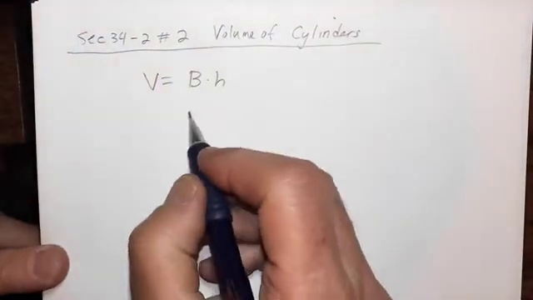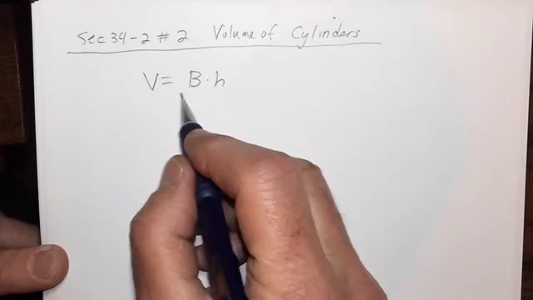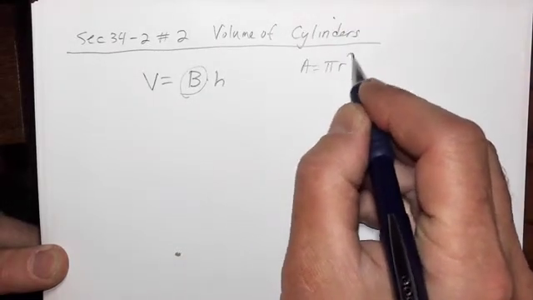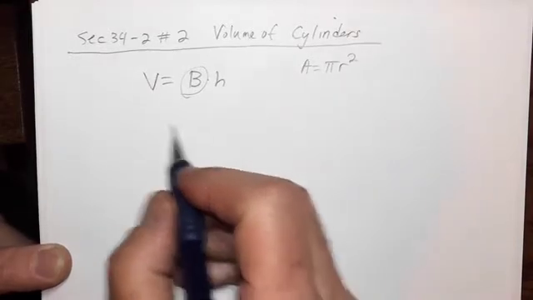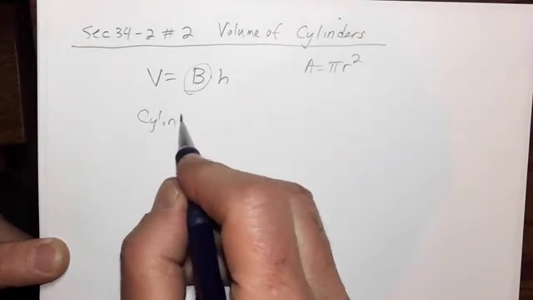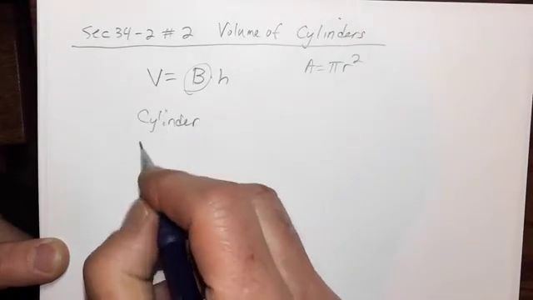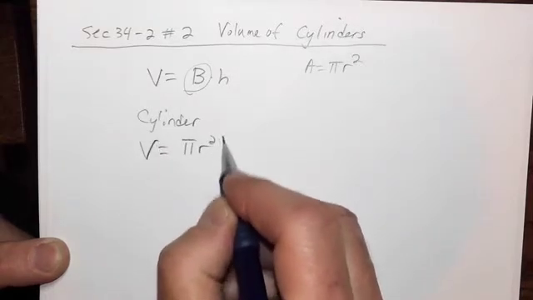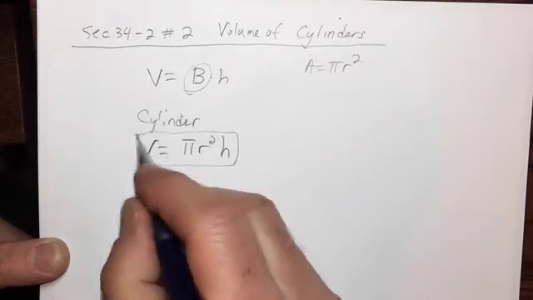Okay? So since this is a cylinder, the area of the base, the area of a circle, is pi r squared, right? So for a cylinder, the volume is pi r squared times the height.